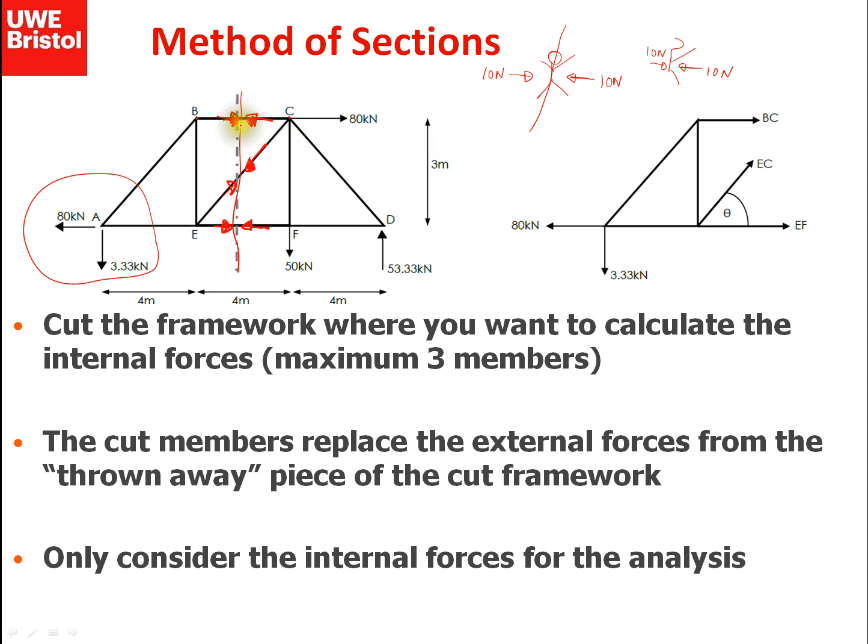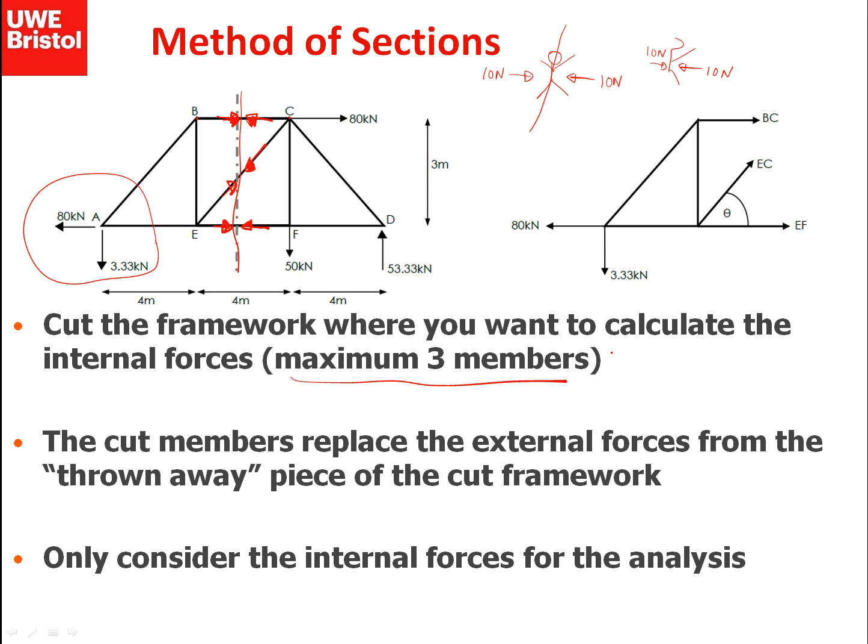Right, so let's come back to this problem that we're doing here. So we're cutting through the members. We pick a cut where we're going to just cut through 3 members, and that's because we're going to use summing up the forces in the x direction, summing up the forces in the y direction, and we're going to take moments.